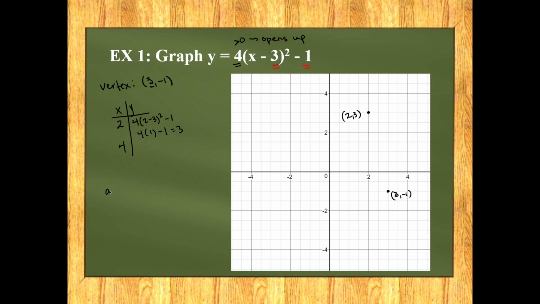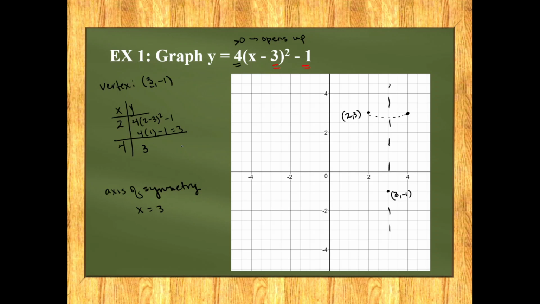Now, my axis of symmetry is at x equals 3, so that's going to come right here. That means this point should flip across that axis, and at 4, I should also get 3.